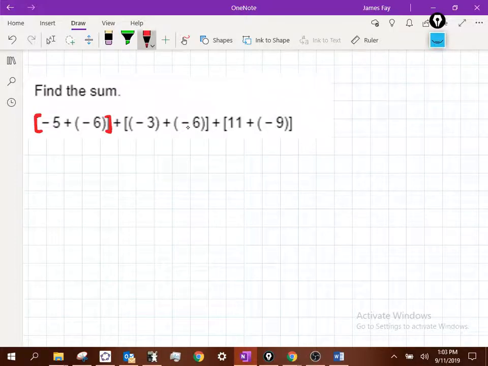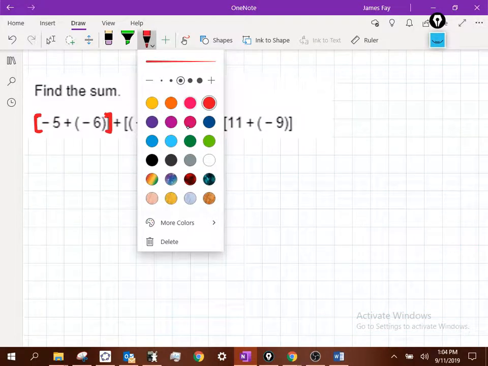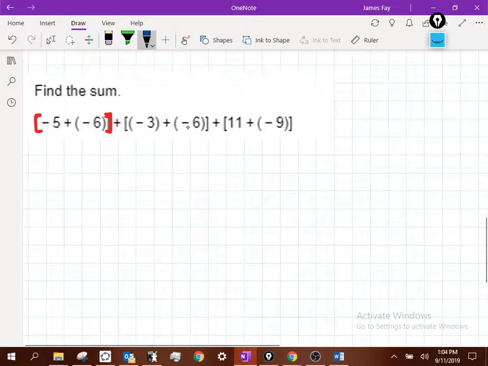There's the first bracket that faces the other direction. Okay, then I get the plus sign. And then I get to this bracket. And I'm going to follow that through until I find the next bracket in the other direction. And we'll do the same thing then.